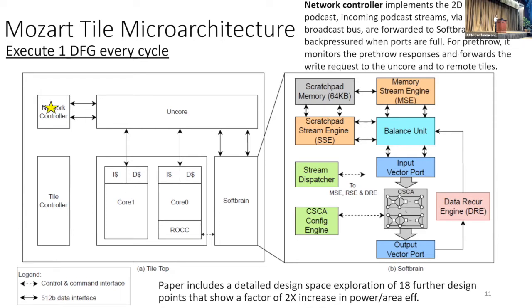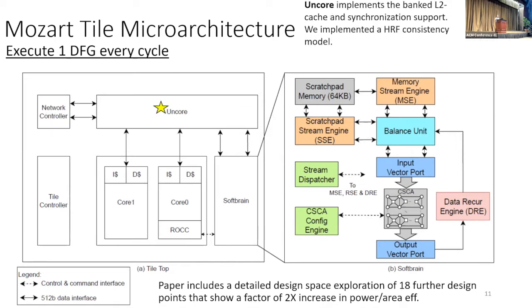A network controller implements our 2D mesh, and some other specific optimizations for implementing this broadcast and pre-throw in terms of where traffic gets steered. And then the Encore implements the banked second level cache and our synchronization mechanisms and our hardware race-free consistency model on top of the RISC-V instruction set.